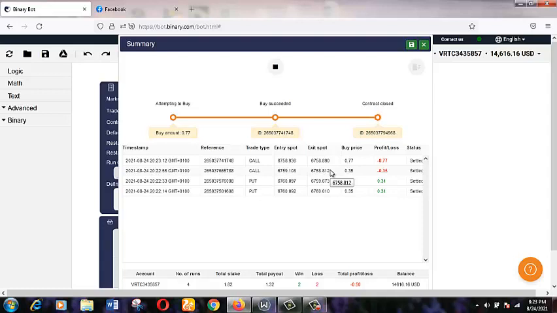It's looking for an opportunity to take the next trade. 2 loss, 2 win, minus 0.50 cents. We were losing 50 cents already. Let's see if the third trade can recover the losses and put us in profit. We are waiting for this fourth trade.